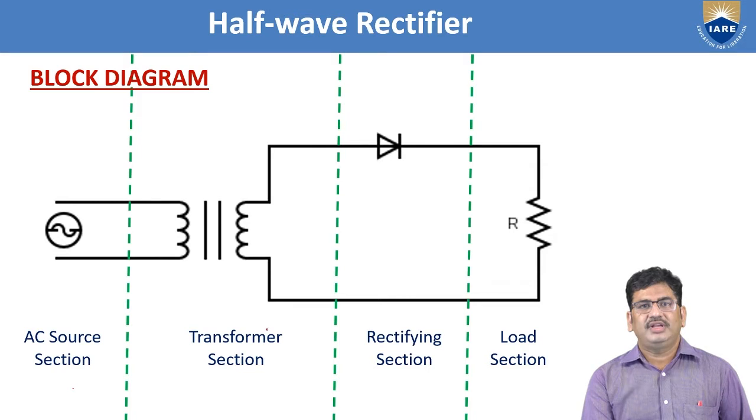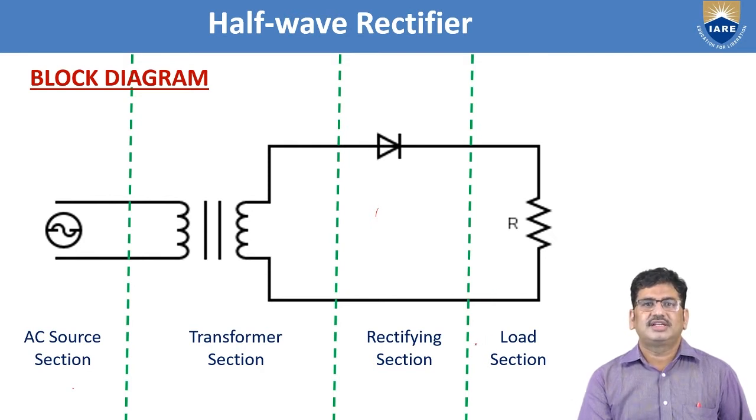So as the input supply is 230 volts, we lower it by using the transformer section. Next, for rectification in the half-wave rectifier, we use a single diode. After rectifying, the output is collected across the load section.